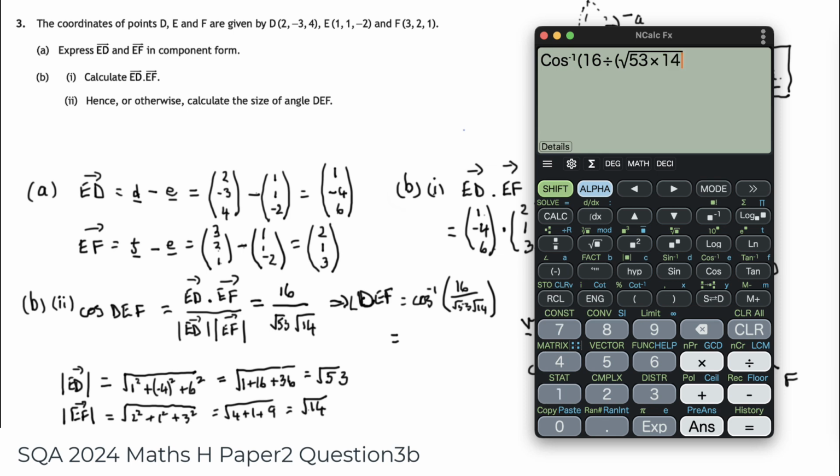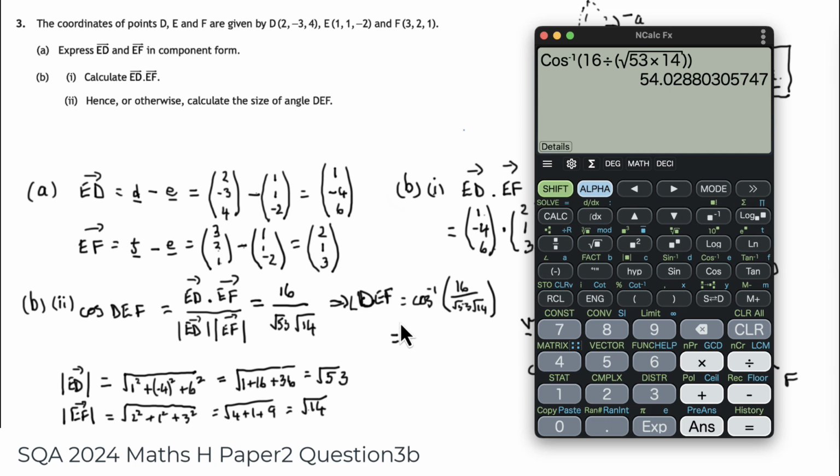And then I complete these brackets. So that's 16 divided by the whole of root 53 times root 14. And then close my brackets for the cos minus 1. And there we go. Let's find out what that gives us.